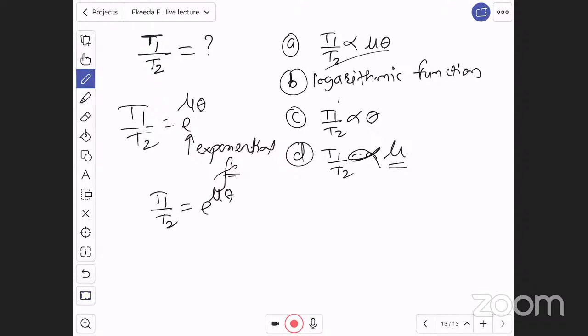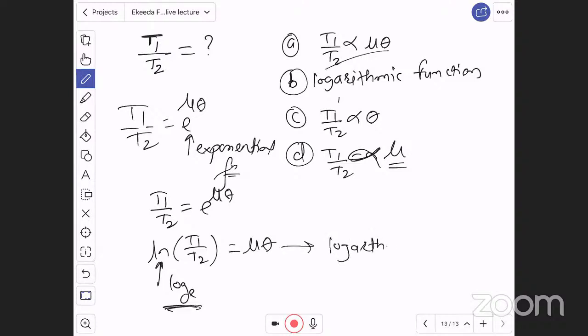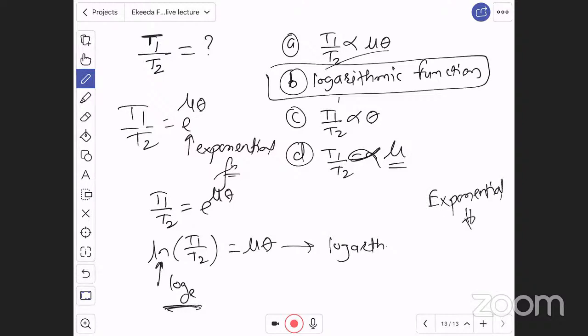If I consider logarithmic function on both sides, therefore ln of T1 divided by T2 is equal to mu theta. Means ln is log to the base e. This is called ln. It is a logarithmic function. Therefore, option B is correct. Means the function which is exponential is always logarithmic. Remember this one thing.